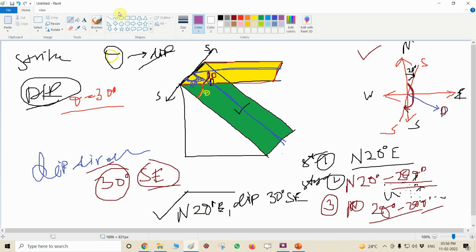Now tell me, if you take this line not perpendicular to the strike line, then what will happen? So I am taking an oblique line and I am taking another line, let's say from here.